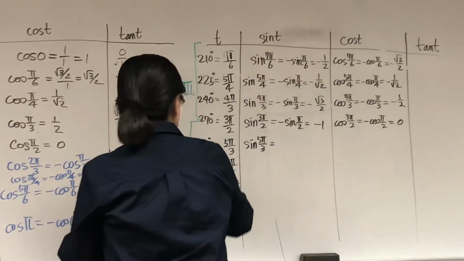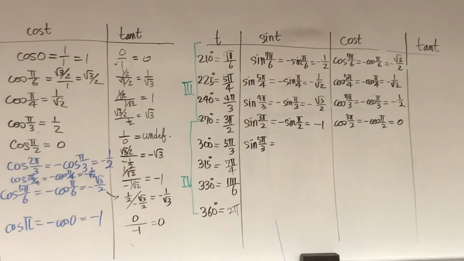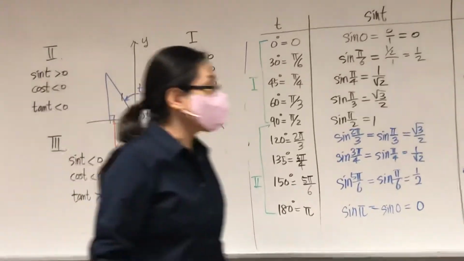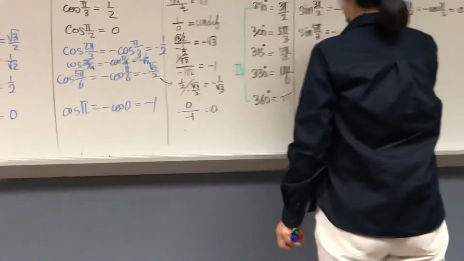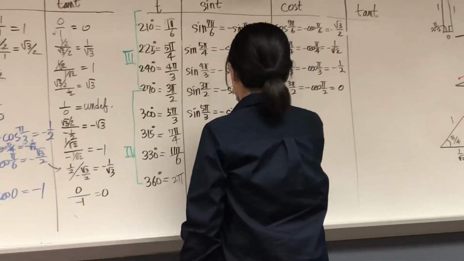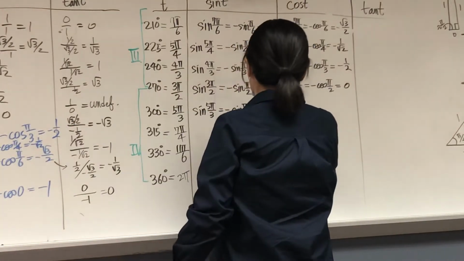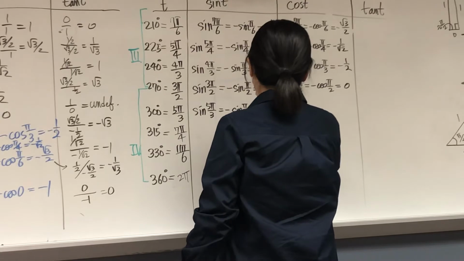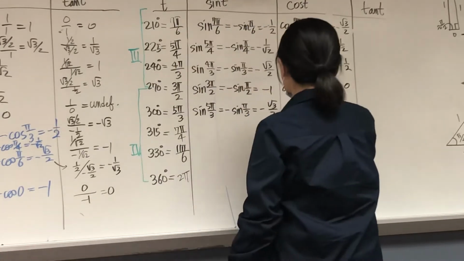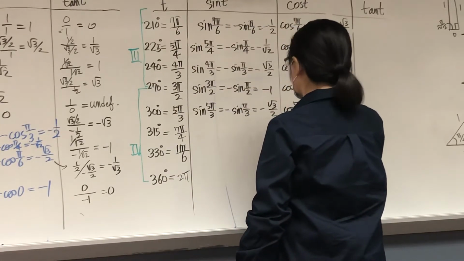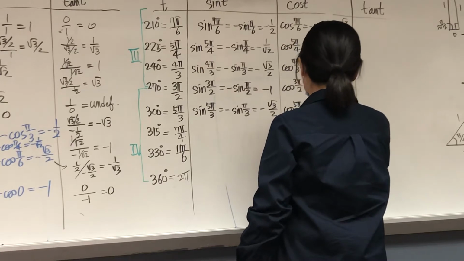Okay, from now, this is fourth quadrant. At the fourth quadrant, your sine is negative, but cosine is positive. So, sine 5 pi over 3 is negative sine pi over 3. And cosine 5 pi over 3 is just cosine pi over 3.